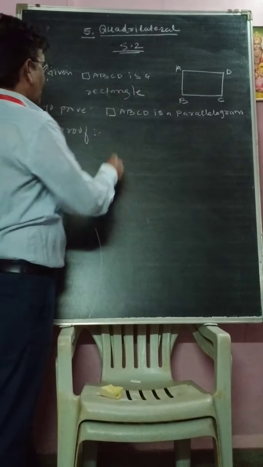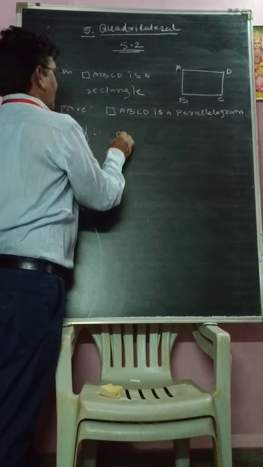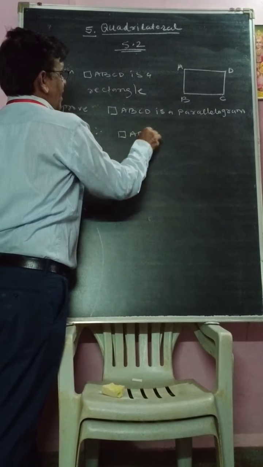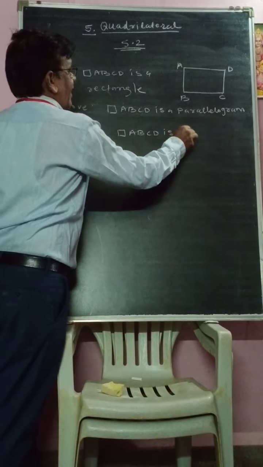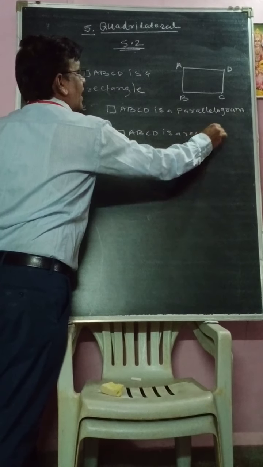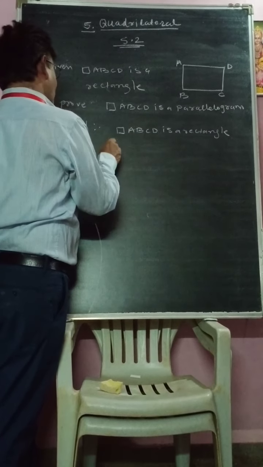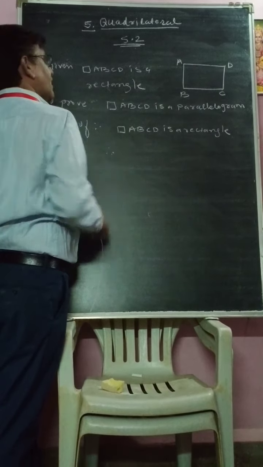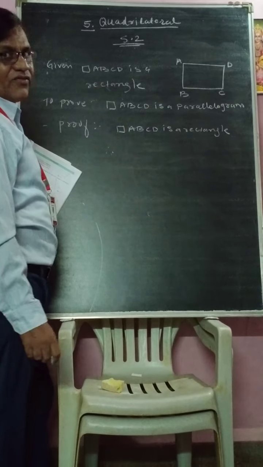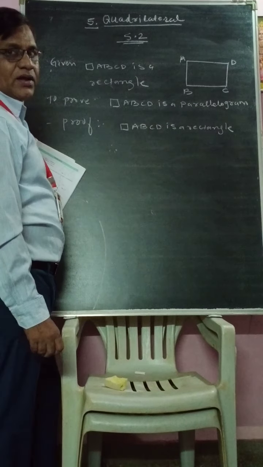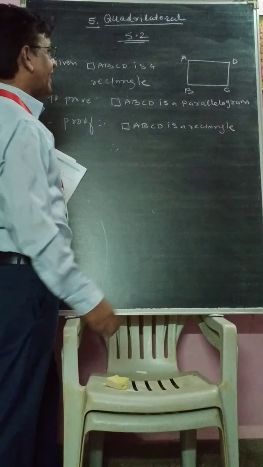See here, quadrilateral ABCD is a rectangle. It is given. Therefore, you know that all the angles of a rectangle are right angles, that is 90 degrees.